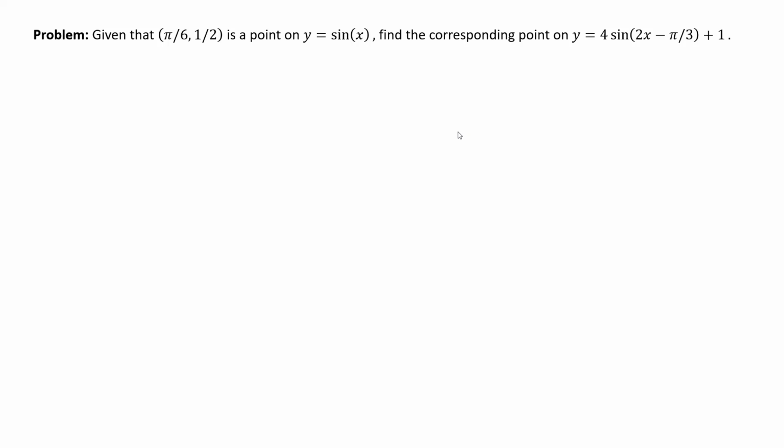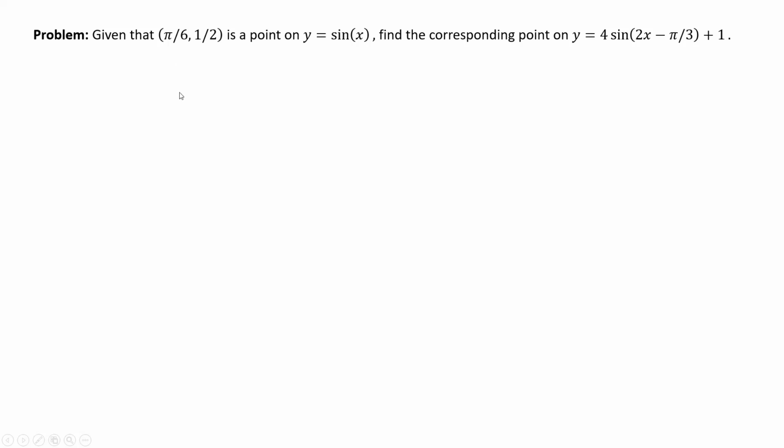Okay? Now, first things first. Is it true that pi 6th comma 1/2 is in fact a point on y equals sine x? Check for yourself. Can you verify that in fact that statement is true? How do you check that?